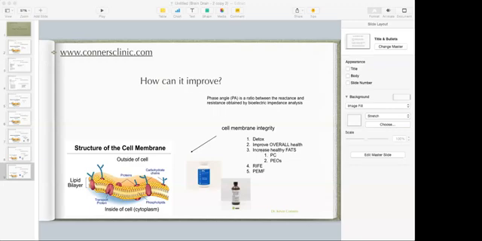The chance of you beating this is pretty darn high. If your phase angle is 5.5, well, that's okay, but we also don't know what it was before you got cancer, so we just want to build it up. I always like to see our patients over 5.5, but we've had patients in the 2s. That's not a good outcome.